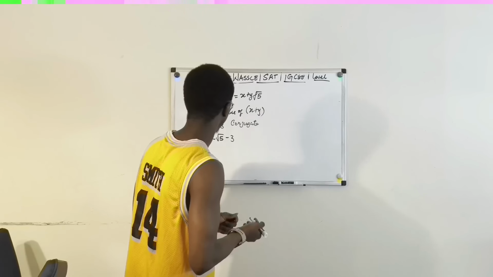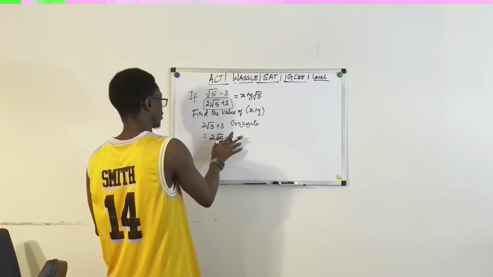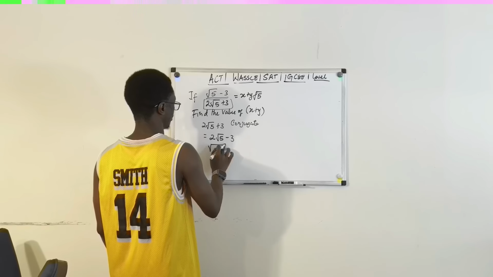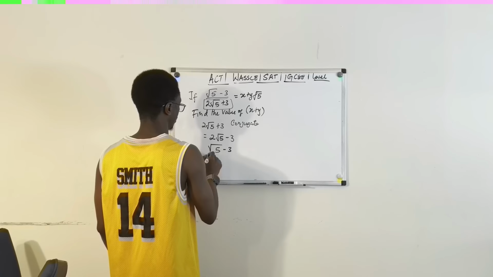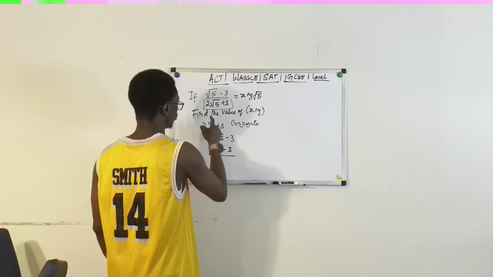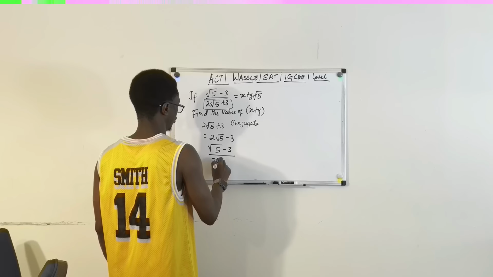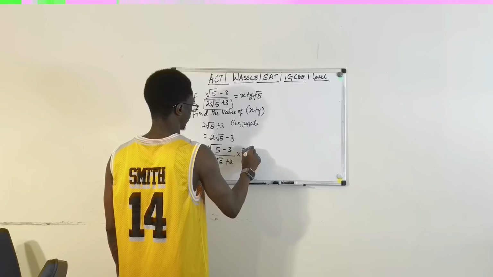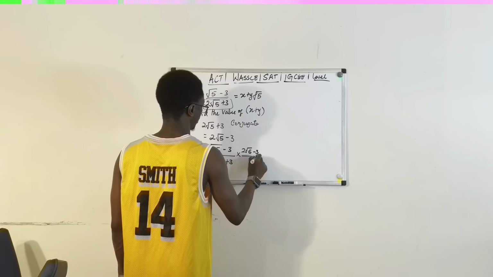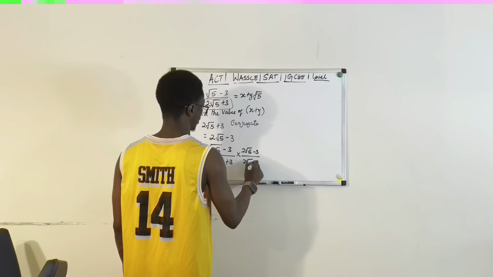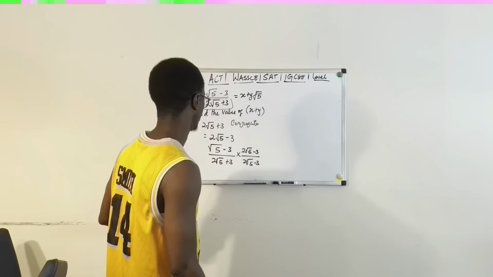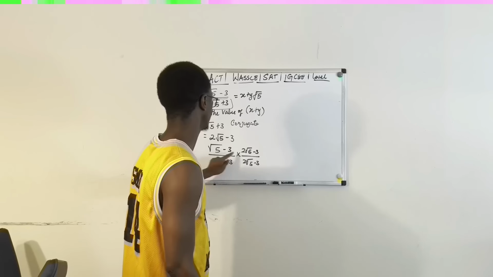You just put a minus basically. That's it. Okay. So now, once you have this, you multiply the conjugate now. So this becomes root 5 minus 3 divided by 2 root 5 plus 3. Then you multiply this by the conjugate, which is 2 root 5 minus 3 divided by 2 root 5 minus 3. Okay? That is it. So now, let's just multiply. Multiply this by this.